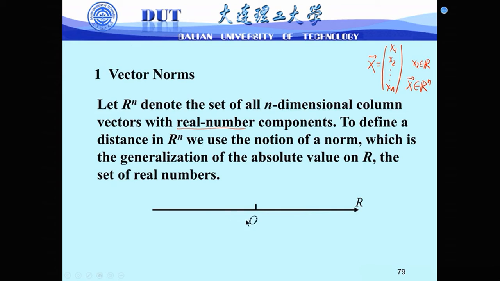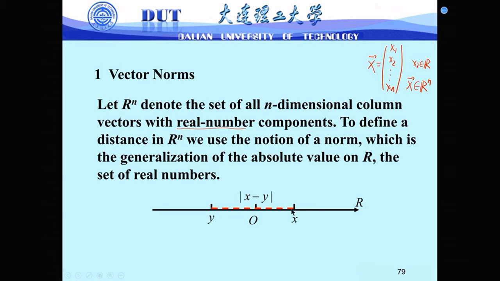Here is the orange point: this is x, this is y. So the distance between the two points on the one-dimensional real axis, we use the absolute value of x minus y to represent the distance.